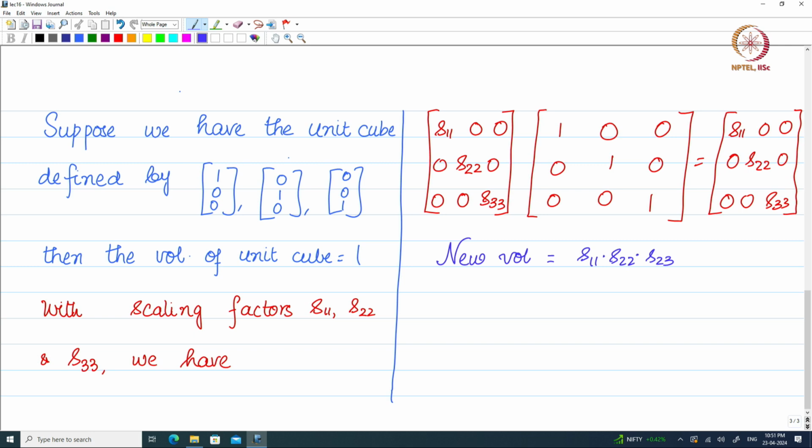That is because the new lengths along the E1, E2, E3 axes are S11, S22 and S33.